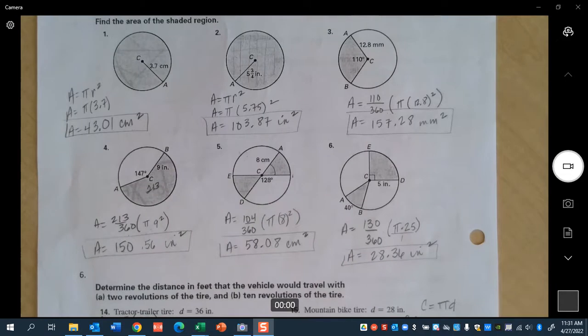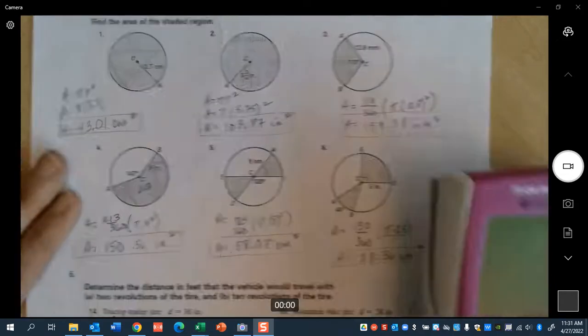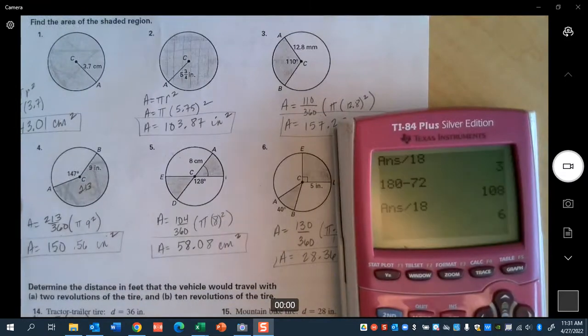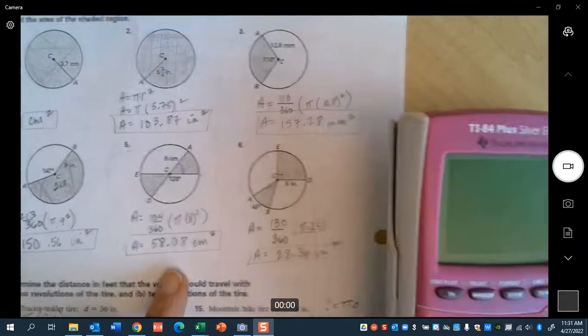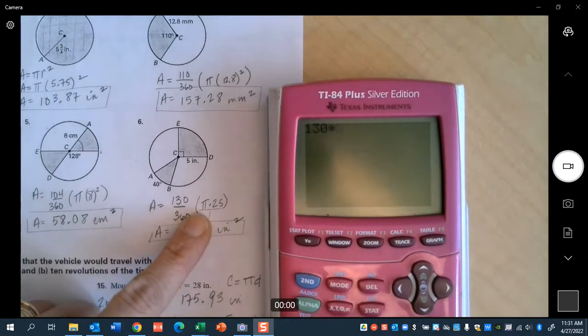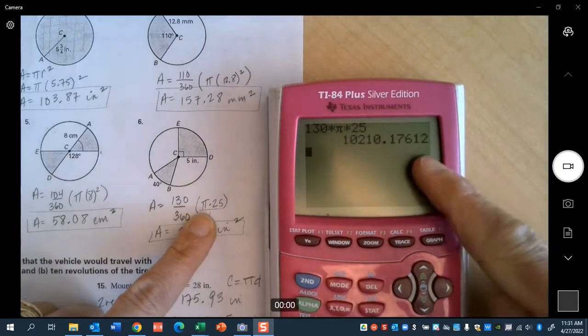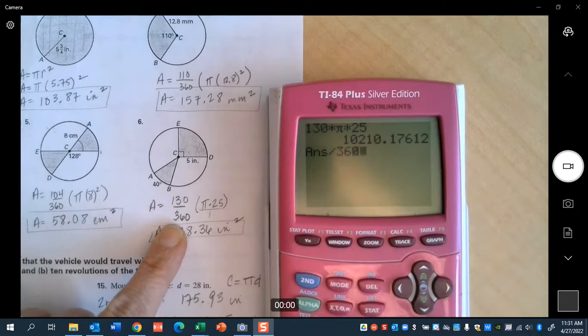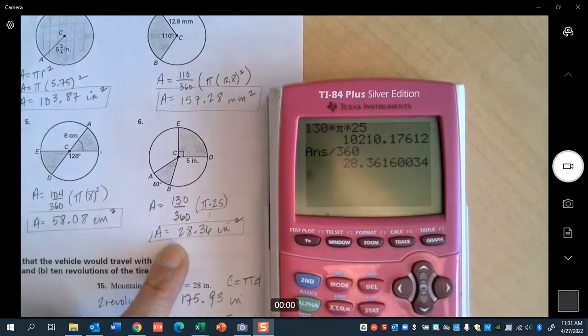And when I enter those things in on my calculator, for this one I'm going to go ahead and do 130 times pi times 25, and then that whole value is divided by 360. Okay. So that's how I'll enter those calculations.